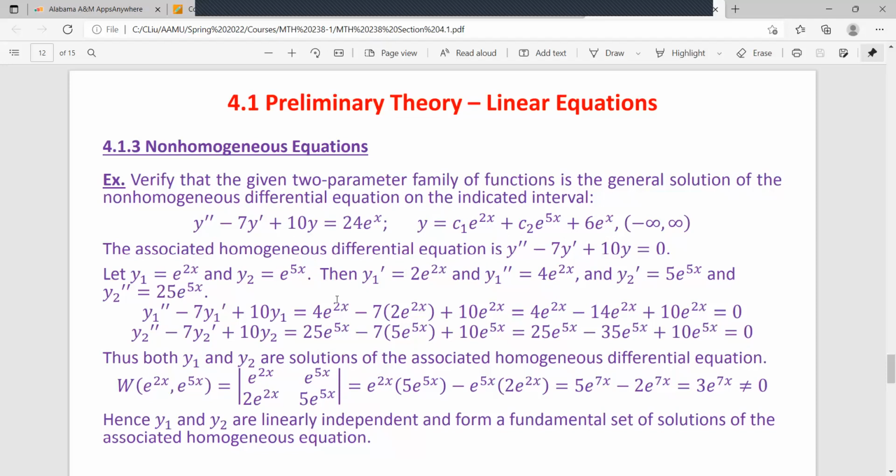Okay. So we know how to solve a homogeneous differential equation, if you remember. The associated homogeneous differential equation is y double prime minus 7y prime plus 10y equal to 0, as already mentioned. You just put the right hand side equal to 0. So how do we find the general solution to this homogeneous equation?